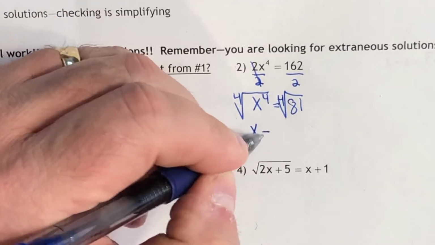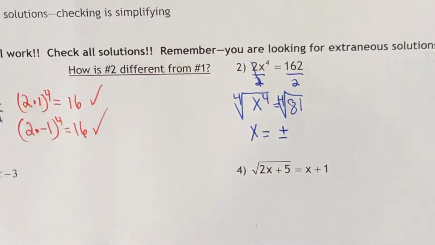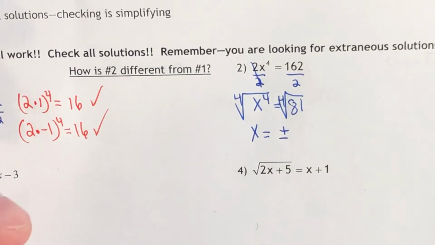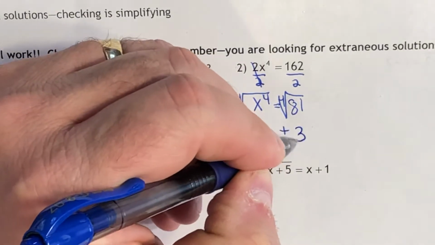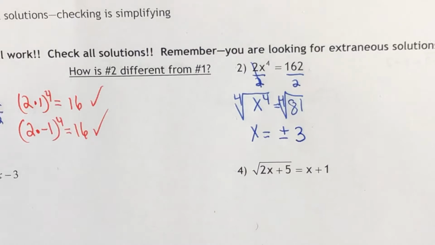So x equals, once again, plus minus since we fourth rooted both sides. 2 times 2 times 2 times 2 is only 16, so it's not 2. Well, 3. 3 times 3 is 9, times 3 is 27, times a fourth 3, so sure enough, this is plus minus 3.